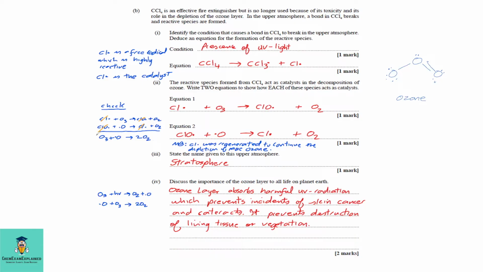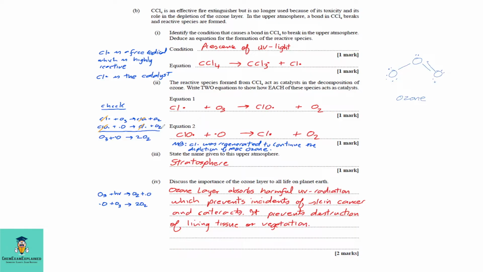First equation. The second equation is the chlorine monoxide radical combines with an oxygen radical to form chlorine radical plus oxygen. Because this time what will happen is that the oxygen radical will combine with the other oxygen from the chlorine monoxide to form Cl radical and oxygen.